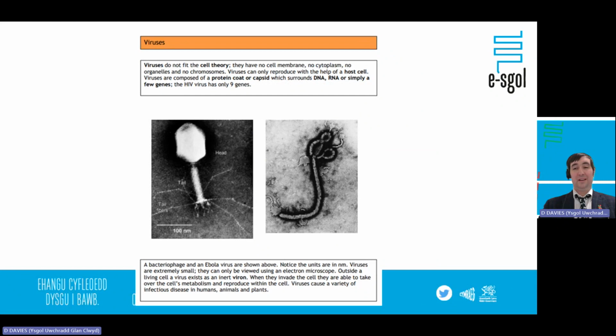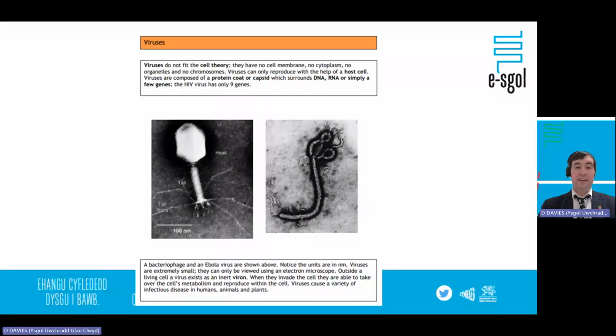Arguably they're not really alive, but they can cause an awful lot of hassle, as we've learned over the past few years. They can only reproduce inside a host cell, and they tend to be pathogenic, which means they can cause you to be ill.